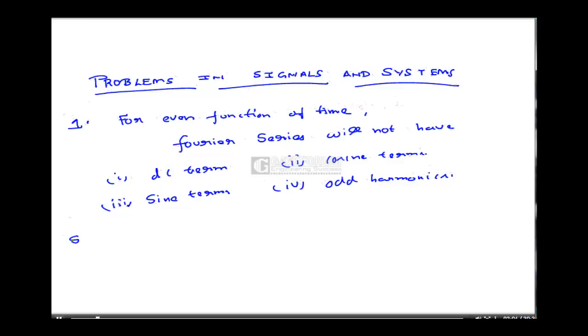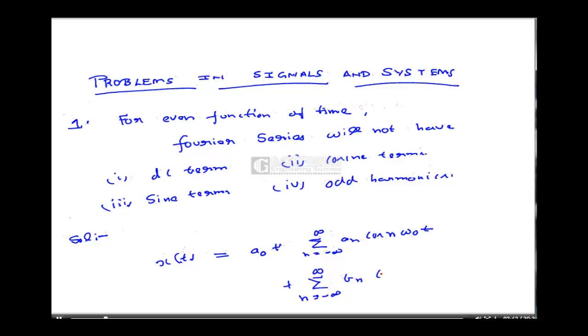Now see, just to explain it in a little detail, we know a Fourier series, if I want to represent a signal xt, whether even or odd, any real valued signal xt, then I can write in terms of Fourier series components a naught plus summation n tending to minus infinity to infinity an cos n omega naught t plus summation n tending to minus infinity to infinity bn sin n omega naught t.